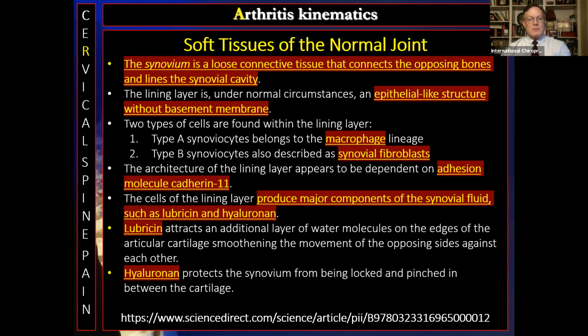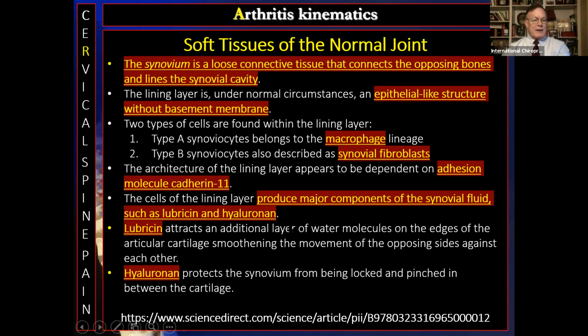The type B's produce new collagen as fibroblasts. And then they have adhesion molecules and so forth. The cells of the lining layer of the synovium are the major components of synovial fluid, and that's where lubricin and hyaluronic acid come from.